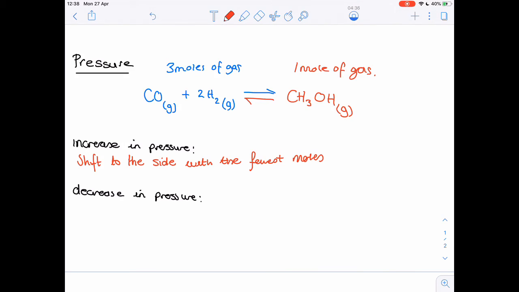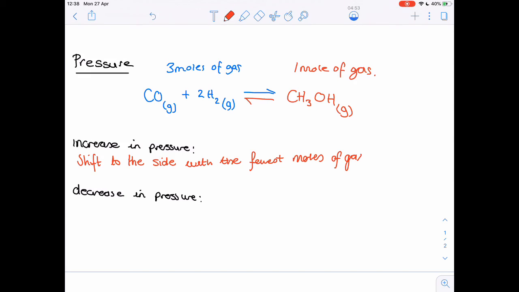And you can simply see that by looking at the numbers in front of each molecule. So when we increase the pressure, we go to the side with the fewest moles to try and get back to equilibrium, so the rates of the forwards and backwards reaction are equal.